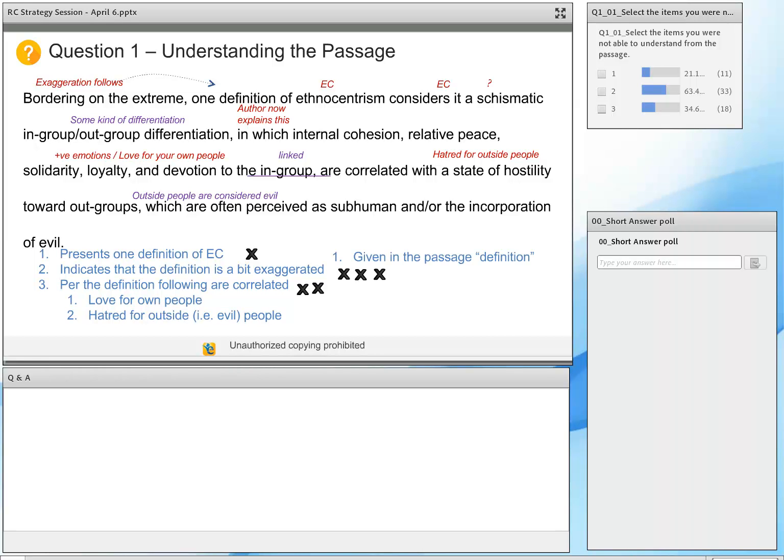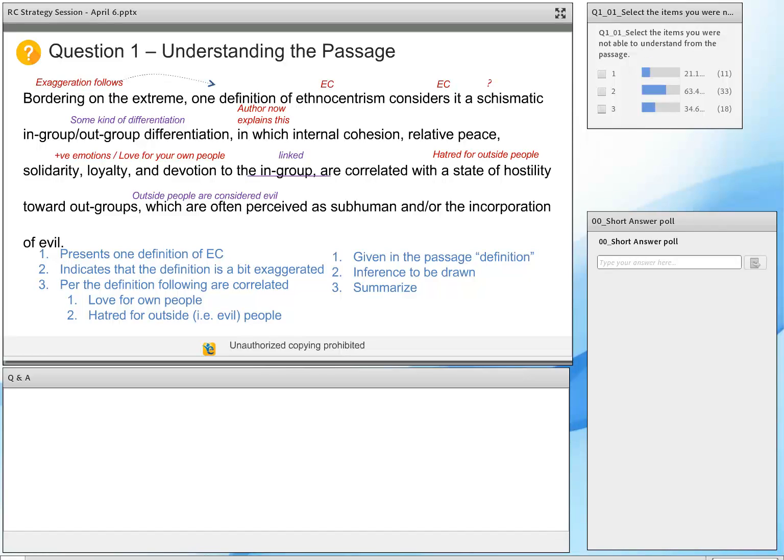If you think about it, the first piece of the summary over here is given explicitly in the passage. The passage says one definition. So this part is given explicitly in the passage. The second piece of information in my summary is an inference that needs to be drawn. We have drawn this inference from the expression bordering on the extreme, right?